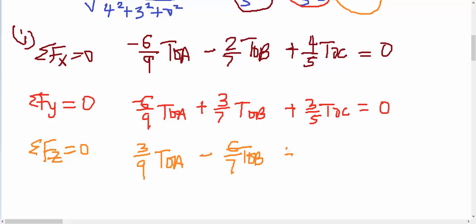Well, this is just a 0 TOC minus 6 equal to 0 because it's going down. Because this is a minus 6, we can move that to the other side to become a positive 6.